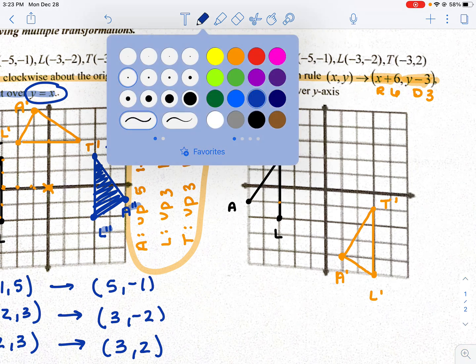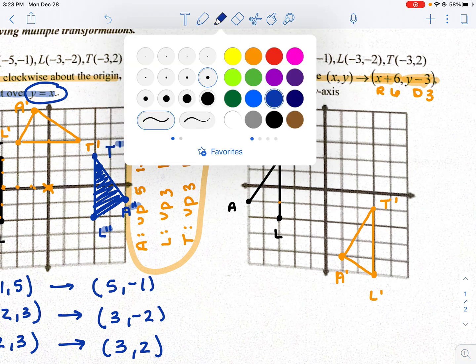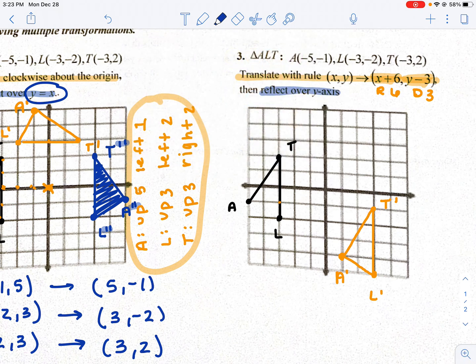Now that we have that, we are going to be doing the second transformation. The second one says we're going to reflect over the y-axis, so I'm going to highlight that line of reflection here. The y-axis is right here, so I'm going to put a line there. To do reflections, you count how far away each point is, and you just flip it over that line. So for example, A prime is 1 away to the right, so I'm going to go 1 away to the left. That's going to be A double prime.